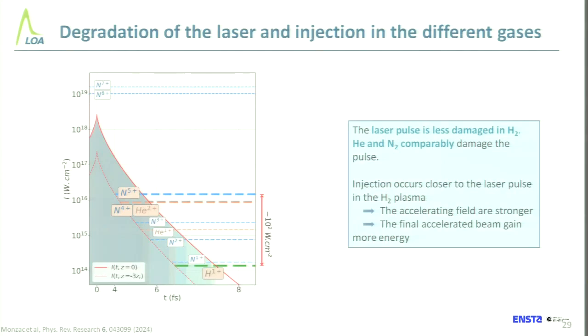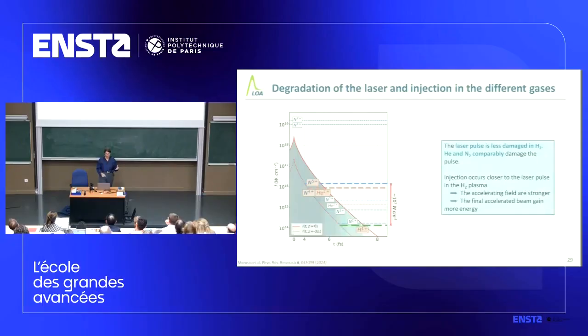Here it's just a schematic, just to explain why we have similar results in nitrogen and helium. So you have the intensity of a laser pulse against time for a perfectly Gaussian laser pulse, and I draw the ionization levels of all the gases that we use.